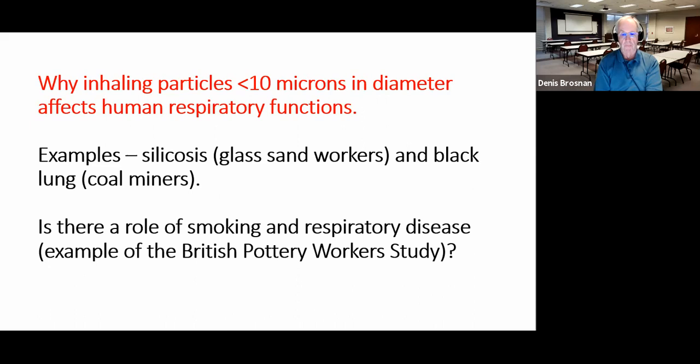They used tobacco. And so the conclusion by a lot of regulatory agencies was that ceramic workers tend to get disease like silicosis. Perhaps, I'm going to suggest, a more accurate conclusion might be that people that smoke cigarettes and are exposed to silica are more prone to disease.